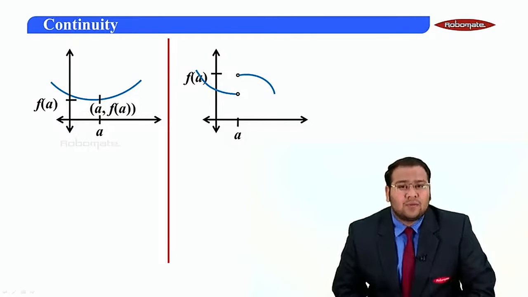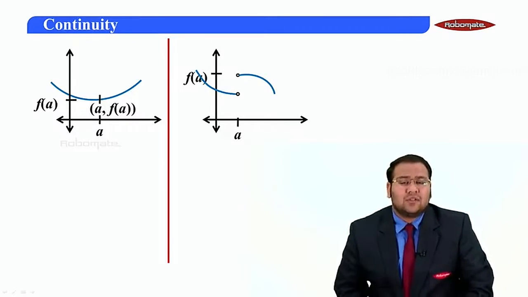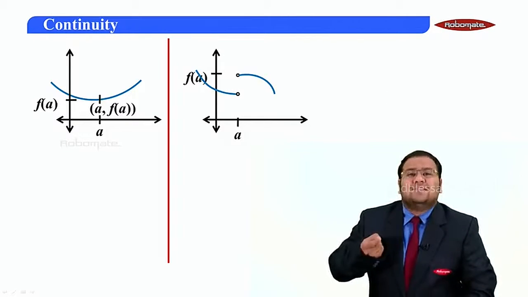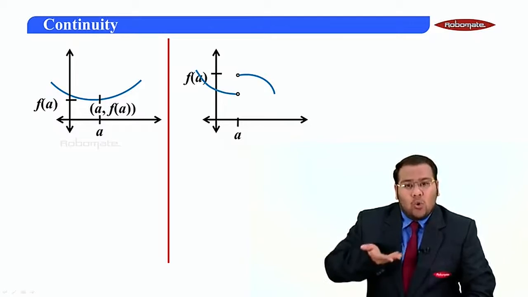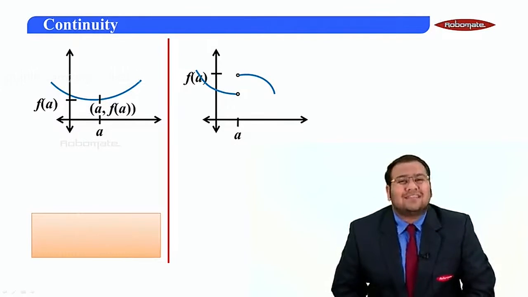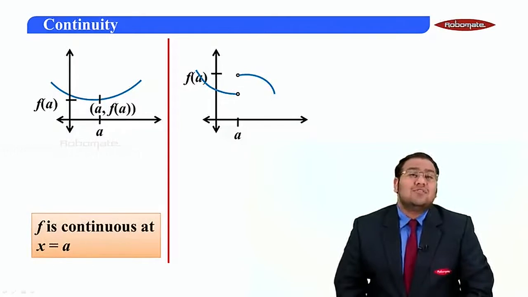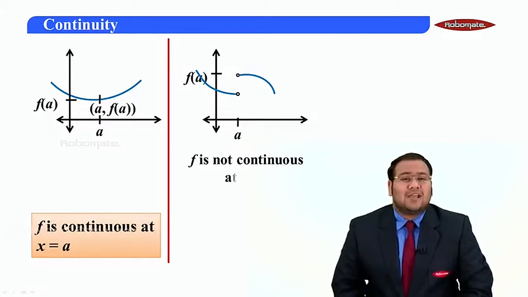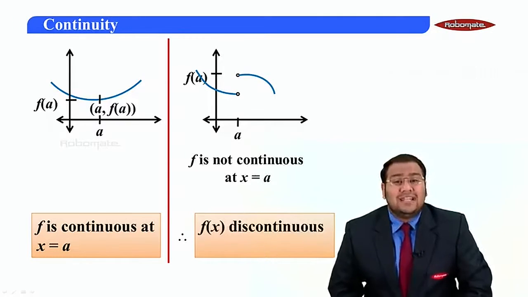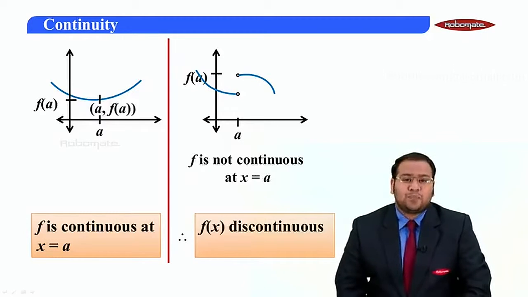While drawing this, you will have to pick up your pen or pencil from the lower point to the upper point, and hence I can say that this is not continuous. So f is not continuous at point x equal to a, and hence f of x is discontinuous.